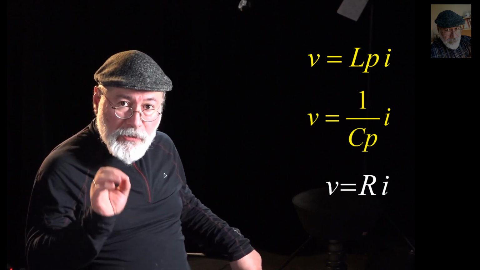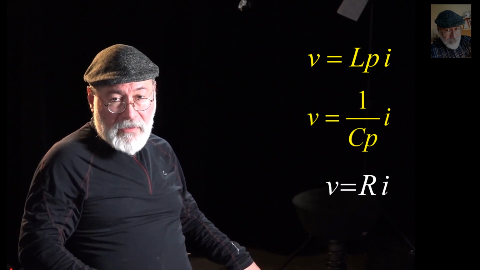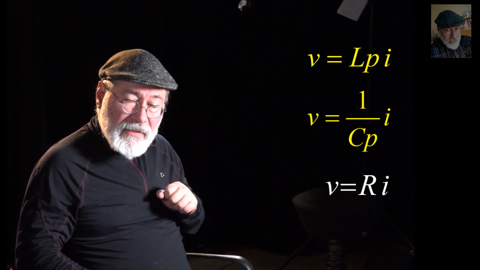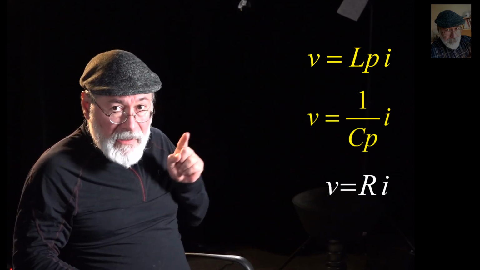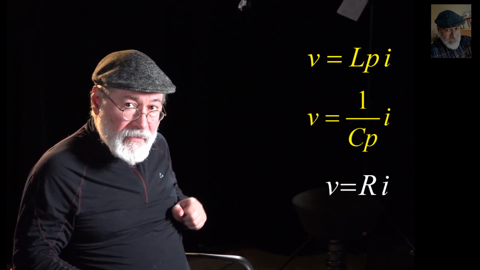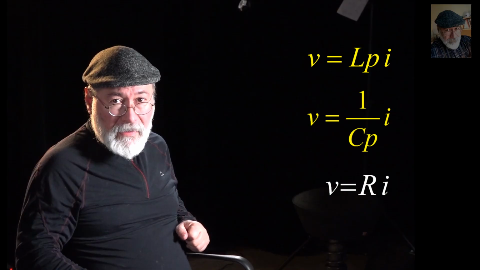For the resistor, V is Ri. Let's put those three equations together. Inductor, V is LpI. Capacitor, V is 1 over Cp I. And for the resistor, V is Ri.